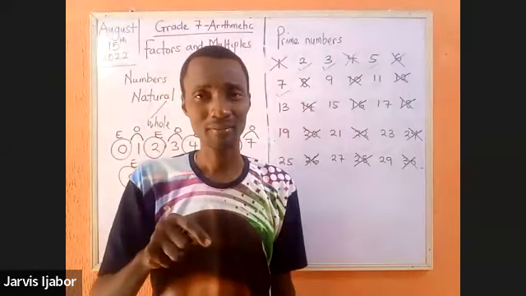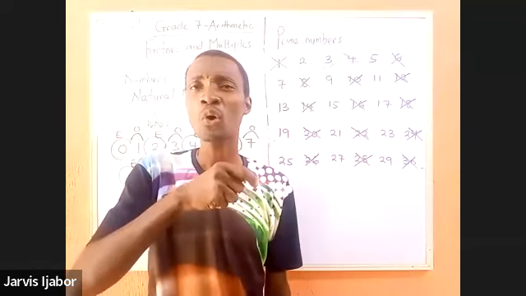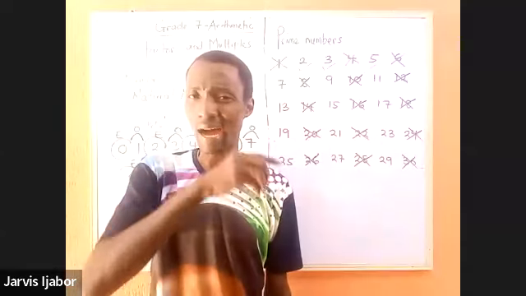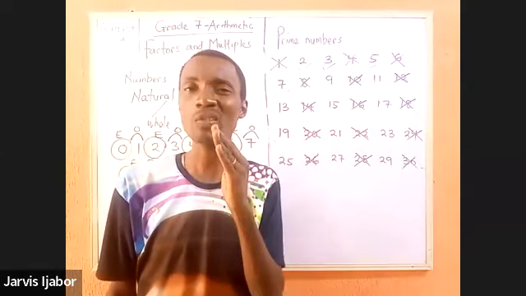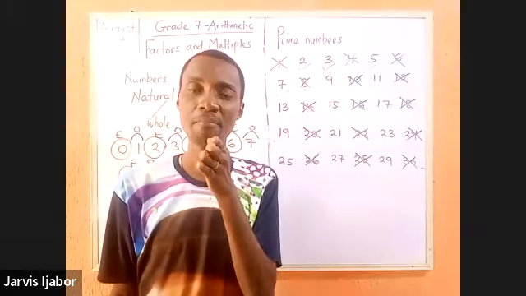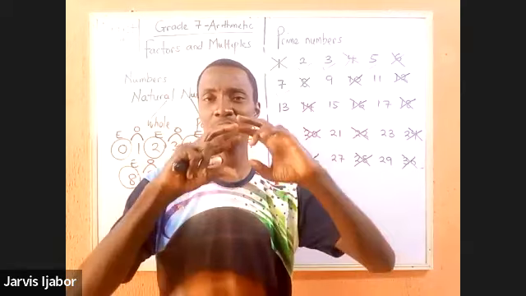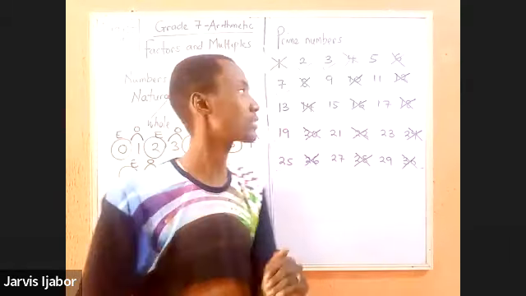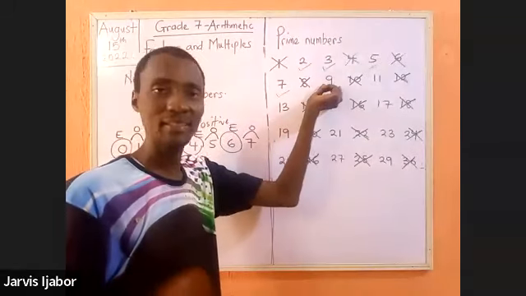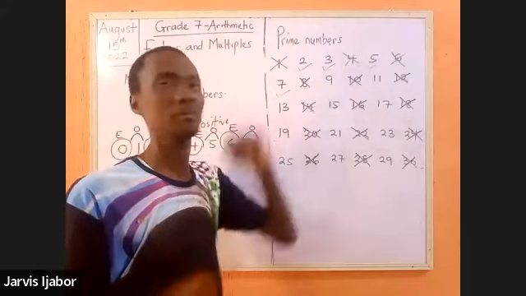Now coming to the next idea. Any number that is not the first multiple of that prime is not what? A prime number. Now let me explain. Maybe the statement may have been ambiguous, but let me try to recalibrate that statement. Now, 9 is the third multiple of 3.